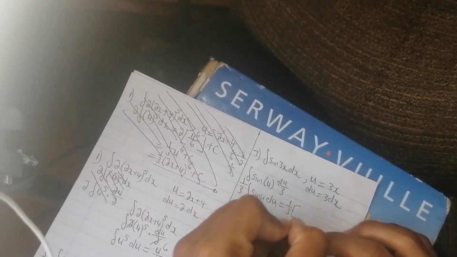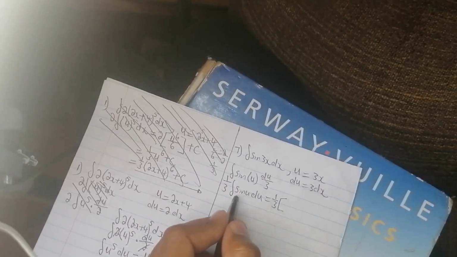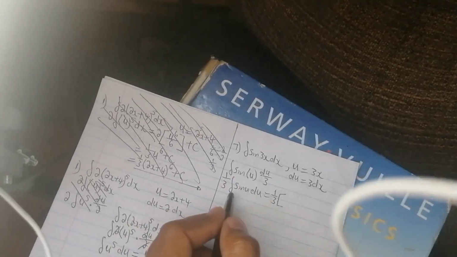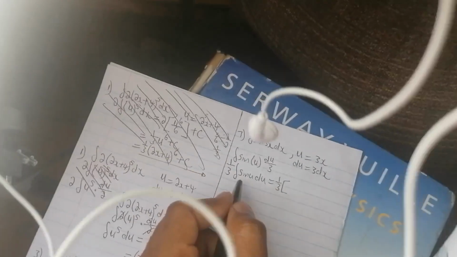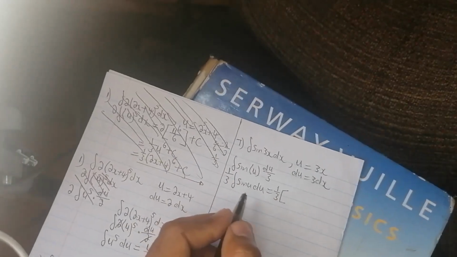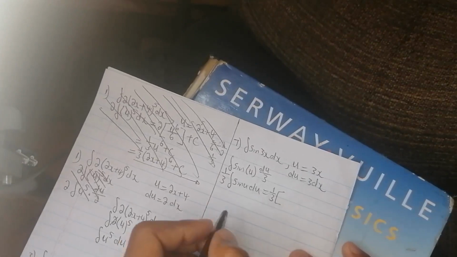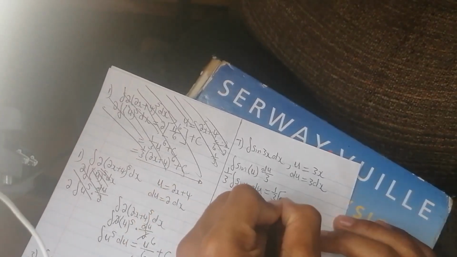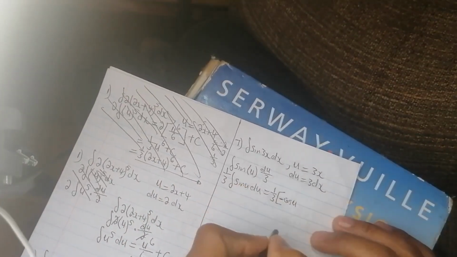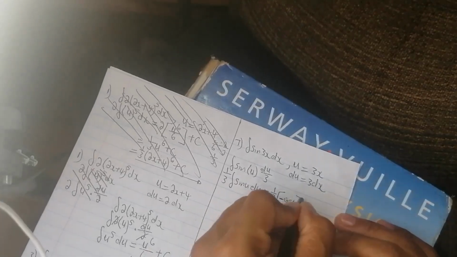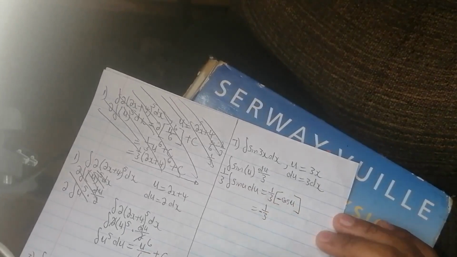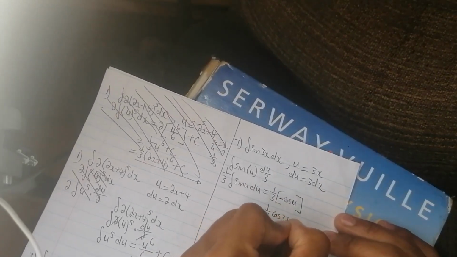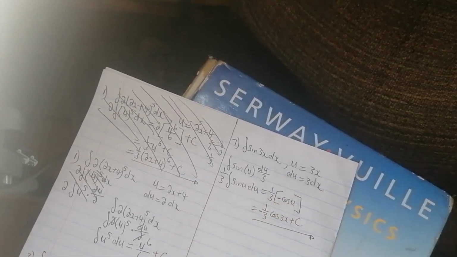What is the integral of sine? The integral of sine is negative cos, so this is negative cos u. Very important. So you'll have negative 1 over 3 cos 3x plus c as the solution for this problem.